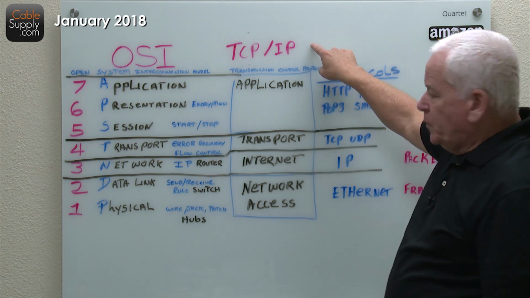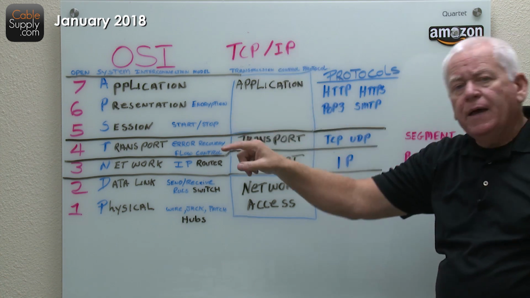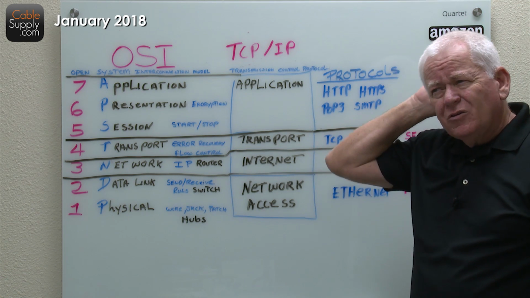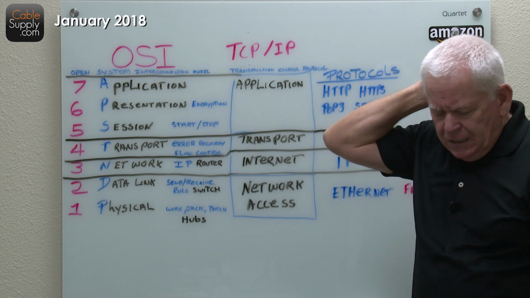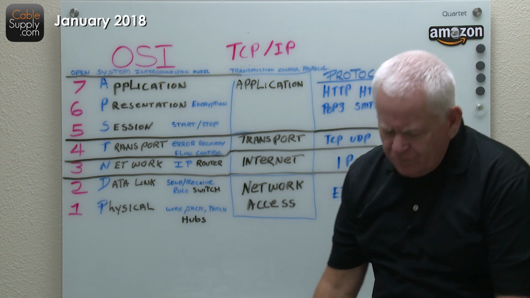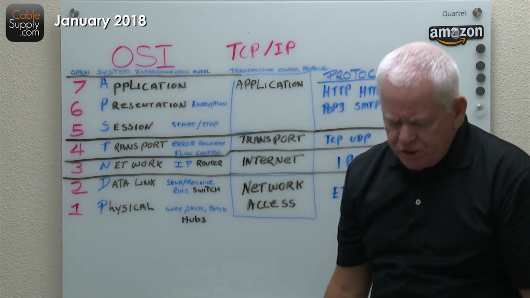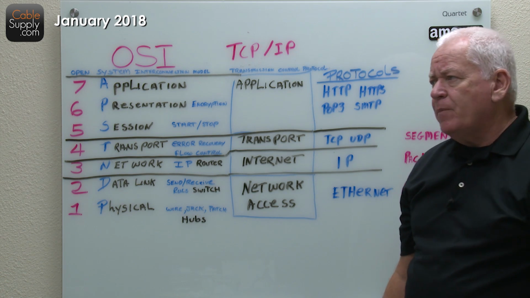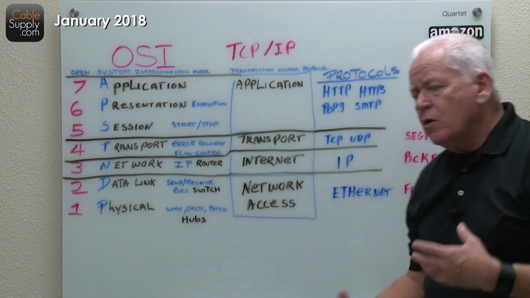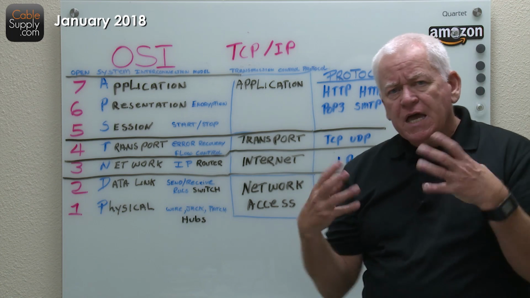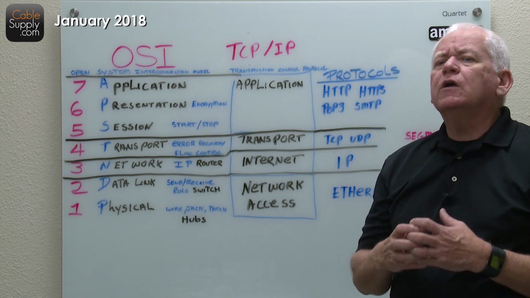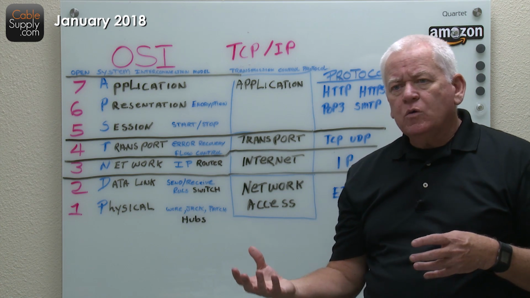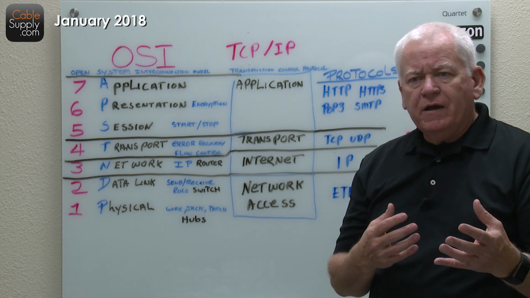So TCP came about through DARPA and some volunteers back in the 70s and probably the early 80s. DARPA stands for Defense Advanced Research Projects Agency. It's part of the Department of Defense. And back then they were thinking, if we had nuclear war, how do we continue to have communications? How do we have a self-healing network that could work in such a way that if we lost half our networks, we could still communicate with the other half that's there?